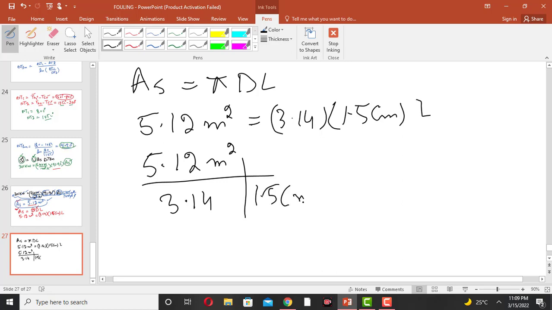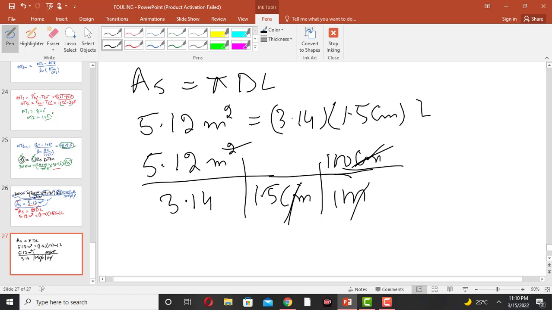So we know that 100 centimeter is equal to 1 meter. Centimeter cancels with centimeter, and meter cancels with this 1 meter.